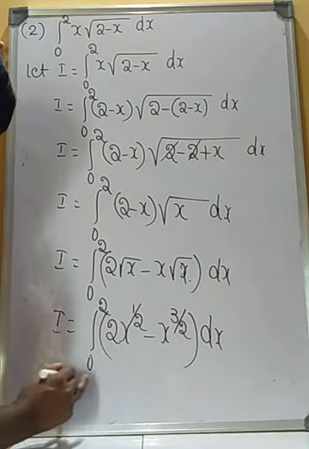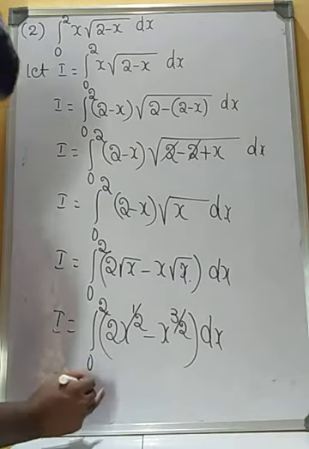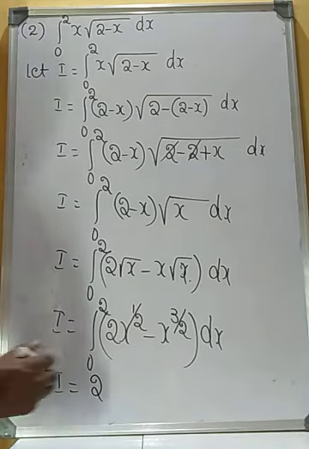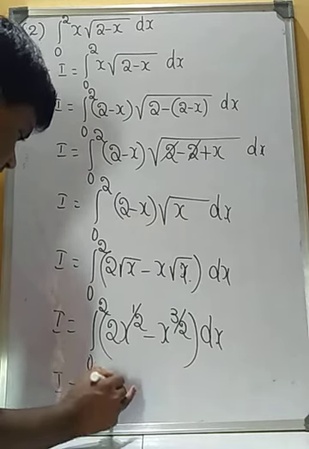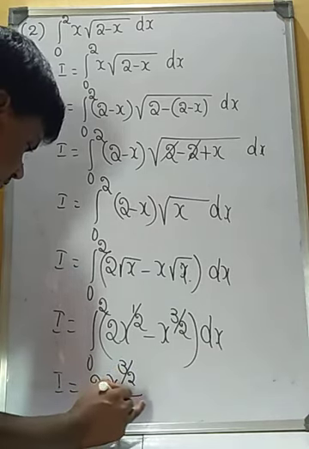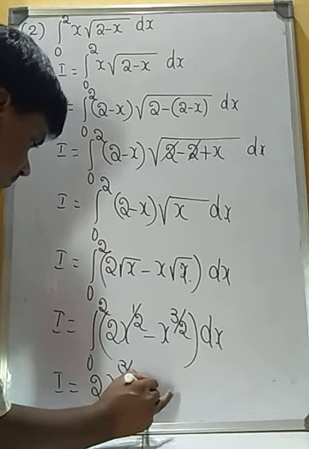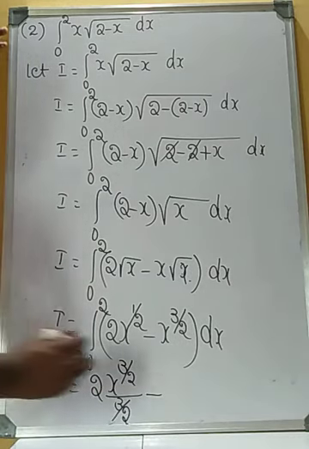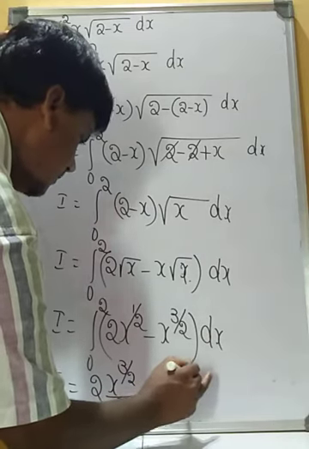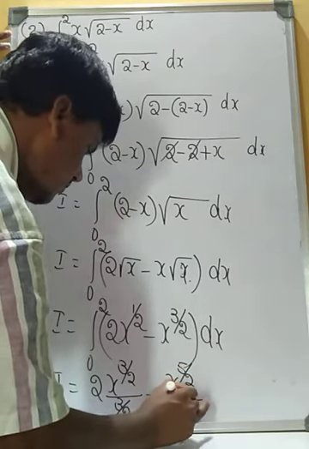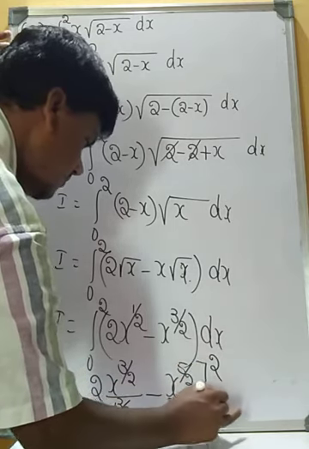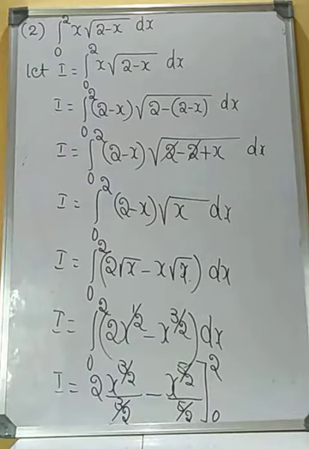So I equals, here taking 2 outside, the integral of x to the power of 1 by 2 is x to the power of 3 by 2 divided by 3 by 2, minus x to the power of 3 by 2 plus 1, so 5 by 2, divided by 5 by 2. Upper limit is 2, lower limit is 0.